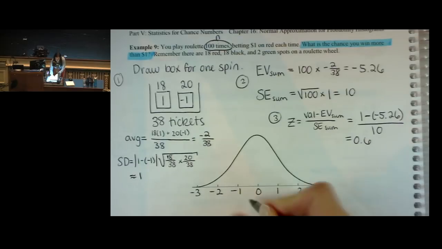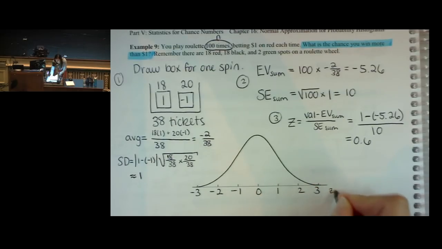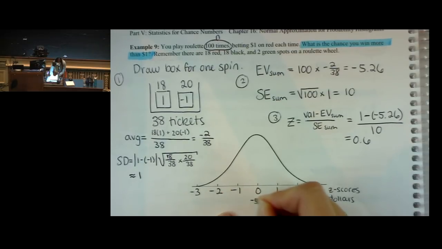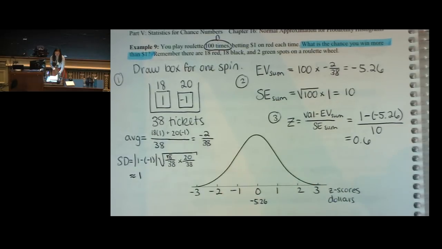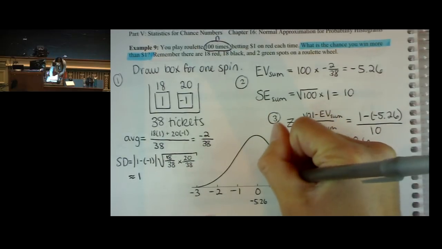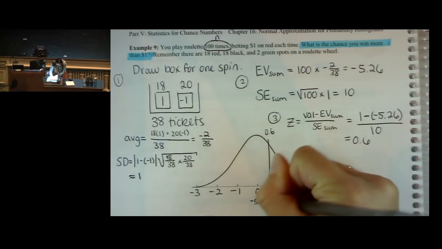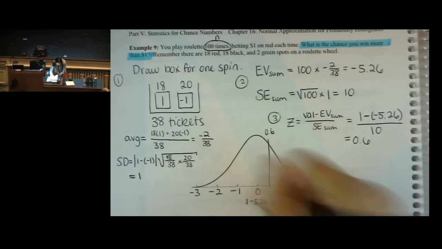So this is in z-scores. If I wrote the dollars below it on my normal curve, right in the middle, my expected value is negative 5.26. And then $1 would be right here at 0.6. 0.6, that would be $1.